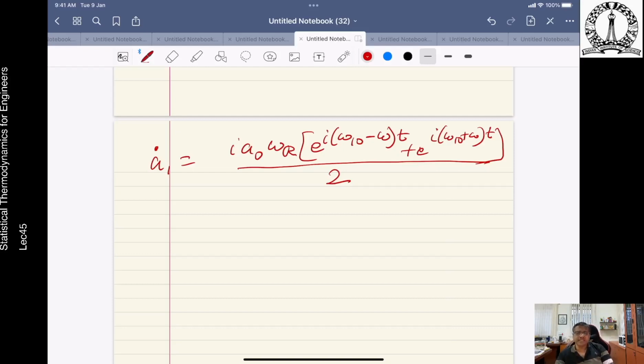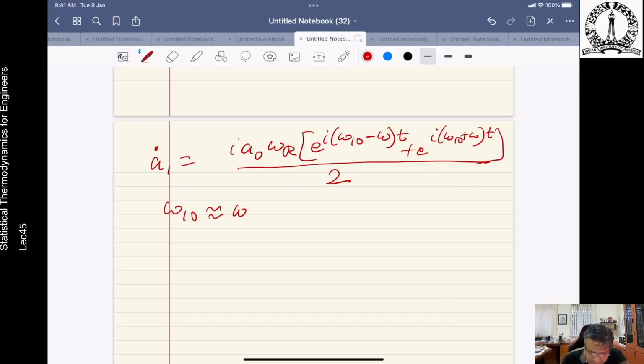At this stage, the only approximation that we can make is that omega 10 is almost the same as omega, since the system with Bohr frequency omega 10 is resonant or nearly resonant with the optical angular frequency.